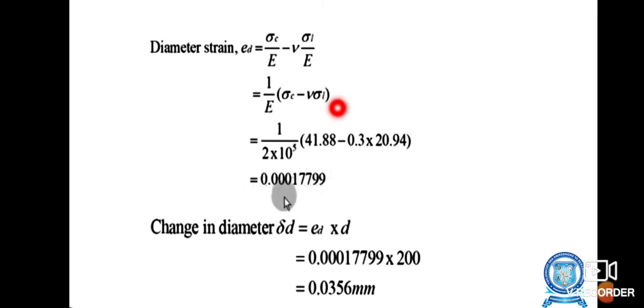So we apply the values: 1 divided by 2 into 10 power 5 into (41.88 minus 0.3 into 20.94). We simplify these calculations and got the answer for diametrical strain: 0.000179.